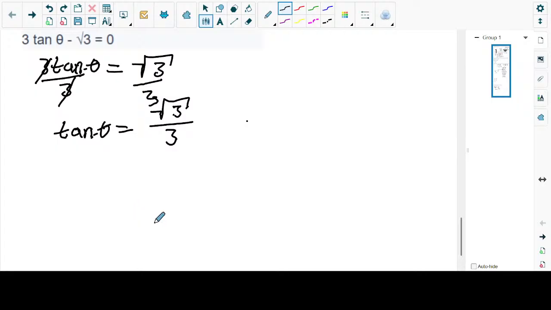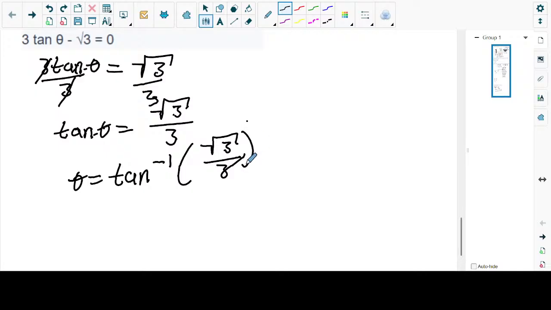We introduce the tan arc, the inverse of tan. So theta is equal to tan to the power minus 1, open bracket, root 3 all over 3. This one needs a calculator, and you should know how to type it.